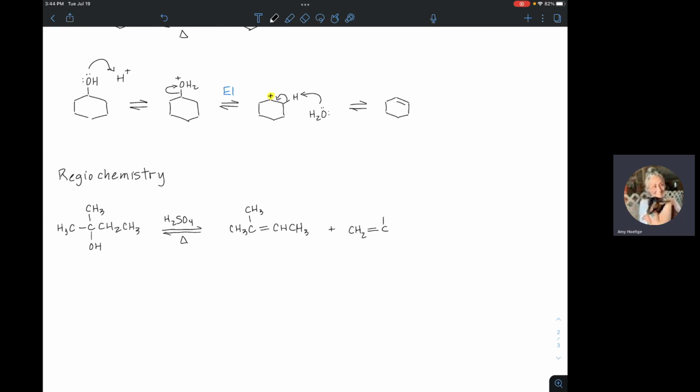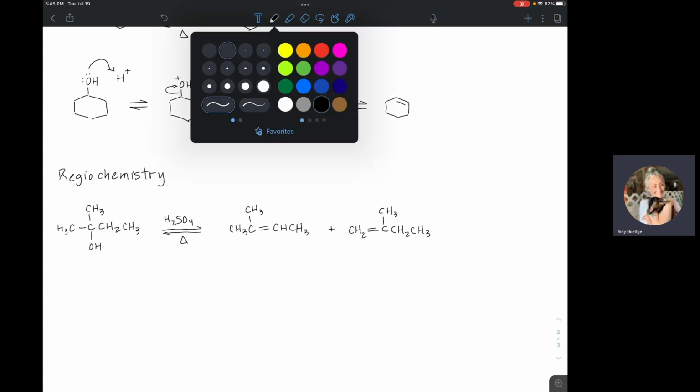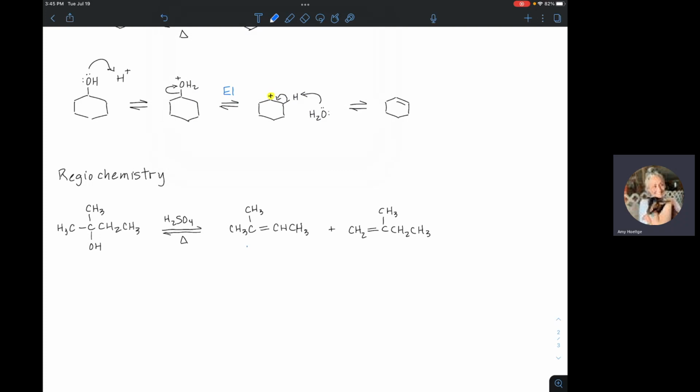So you can deprotonate either of those beta carbons after your water departs. So this would be major, and this would be minor. And by major and minor, we're talking something like 85-15 or 80-20 in terms of a ratio, right?